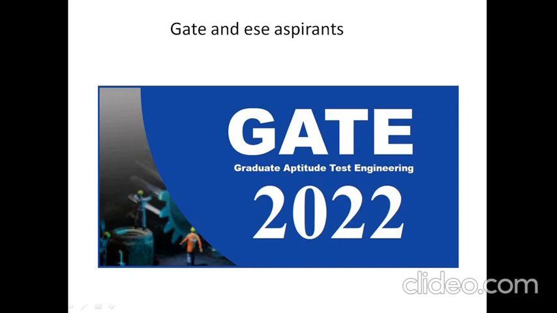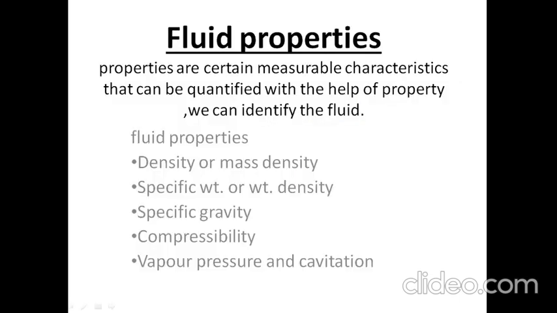In this lecture, we will quickly revise the fluid properties. Properties are certain measurable characteristics that can be quantified with the help of a property. It means we can identify a fluid.